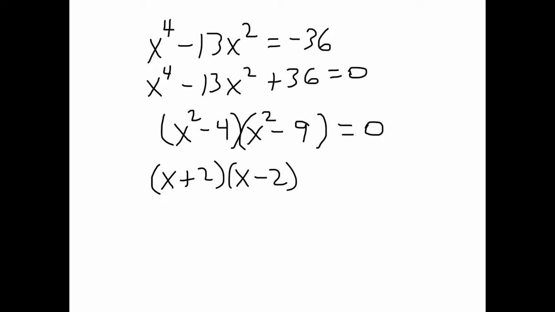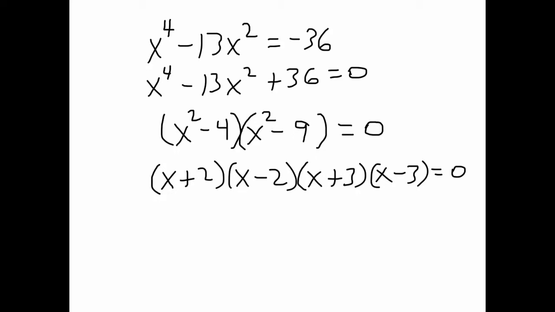And x squared minus 9 factors into x plus 3 times x minus 3. Now we have factored the original polynomial into 4 linear factors.